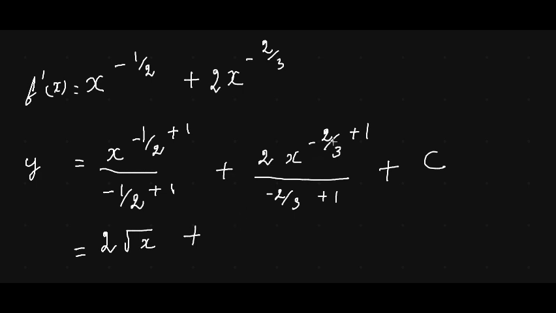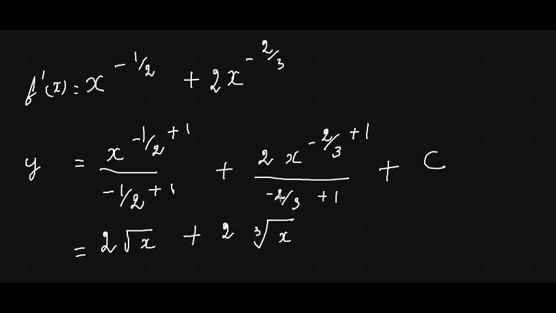x to the power of minus 2 by 3. I know that there's a 2, I'm going to put that 2. Minus 2 by 3 will become minus 2 plus 3 divided by 3, okay, as a common denominator. So minus 2 plus 3 is basically cube root of x, correct? X to the power of 1 by 3, because that 1 by 3 is the answer.